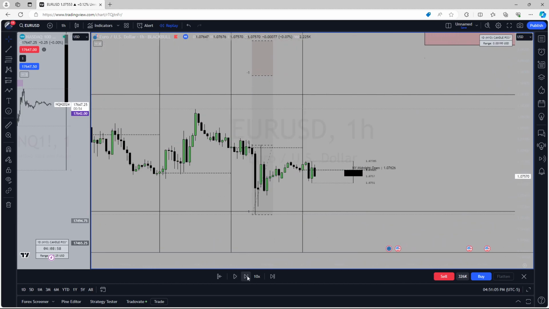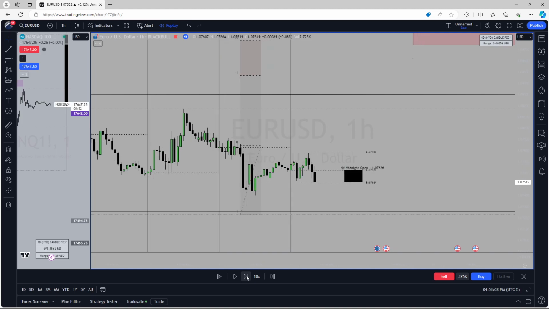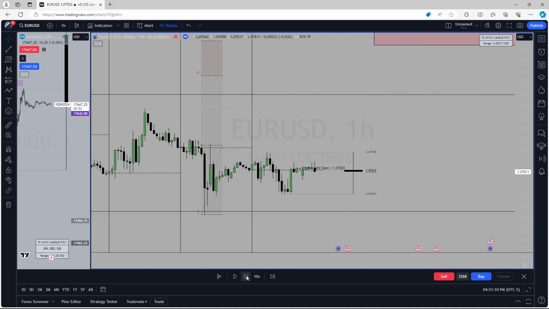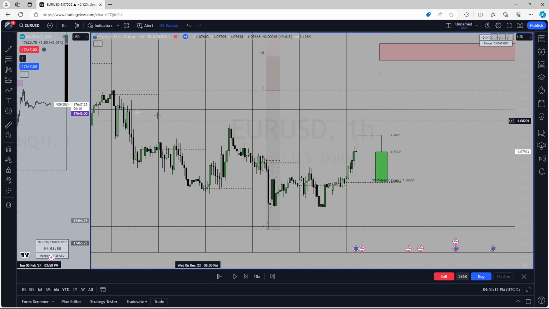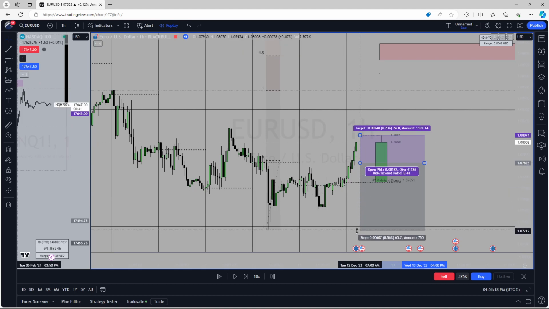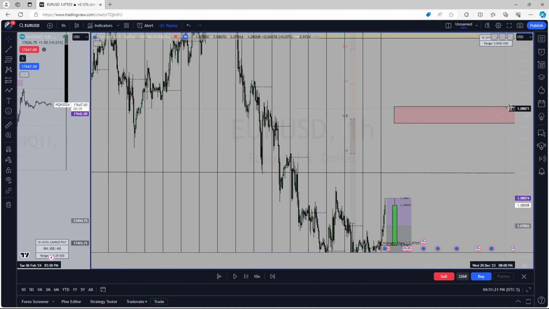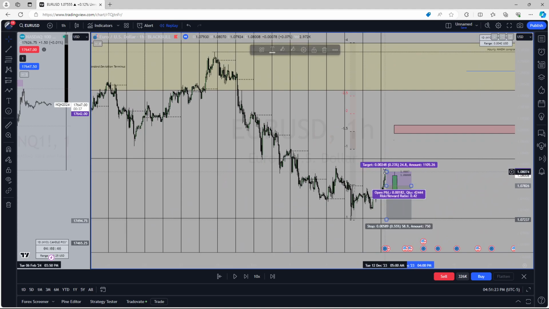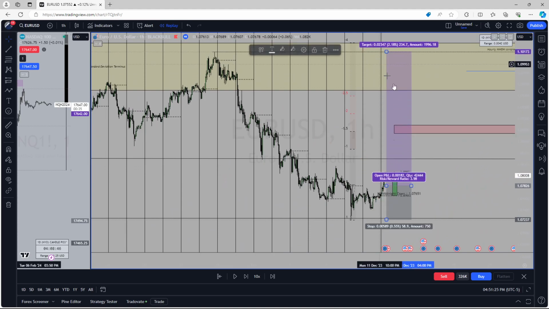And here, I'll show you the entry I took. It was a late entry. Long. Stops. Put my stops here, and then my take profit was all the way at my market maker model.